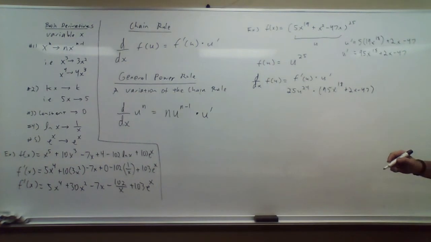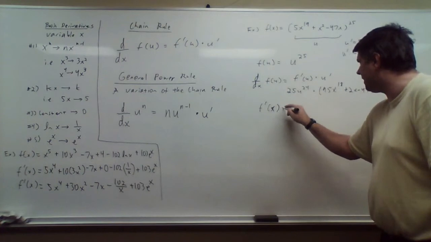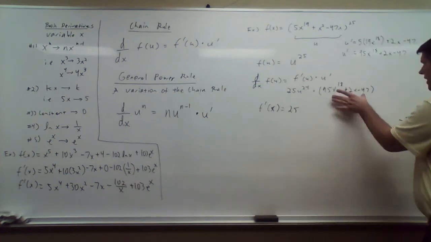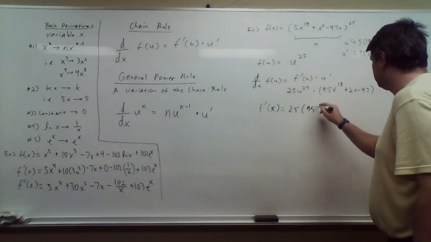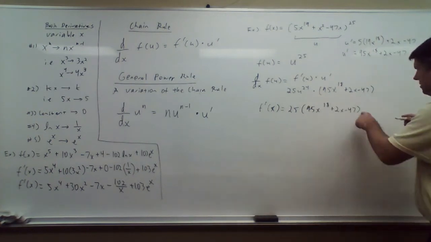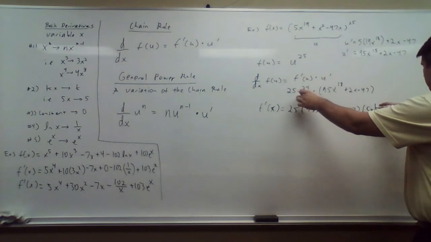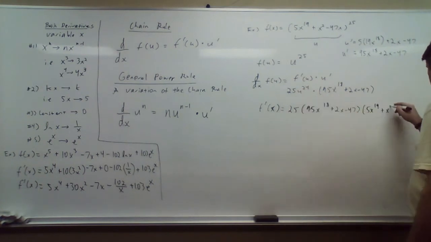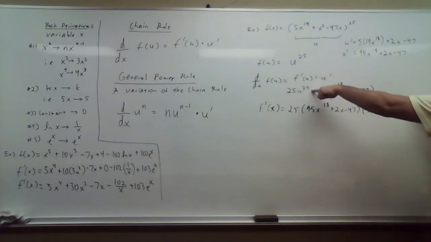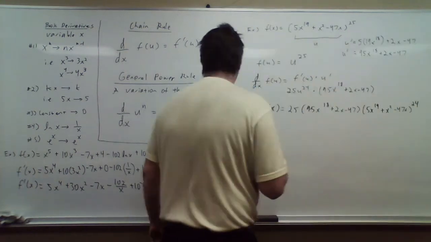To save space, I'm going to rewrite it as 25 times all of this times the original u down to the 24th power. So that's one way to do it.